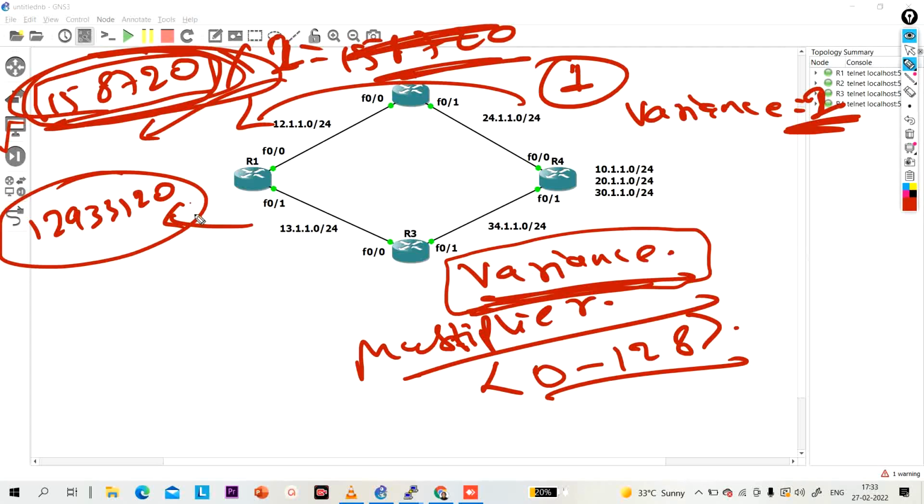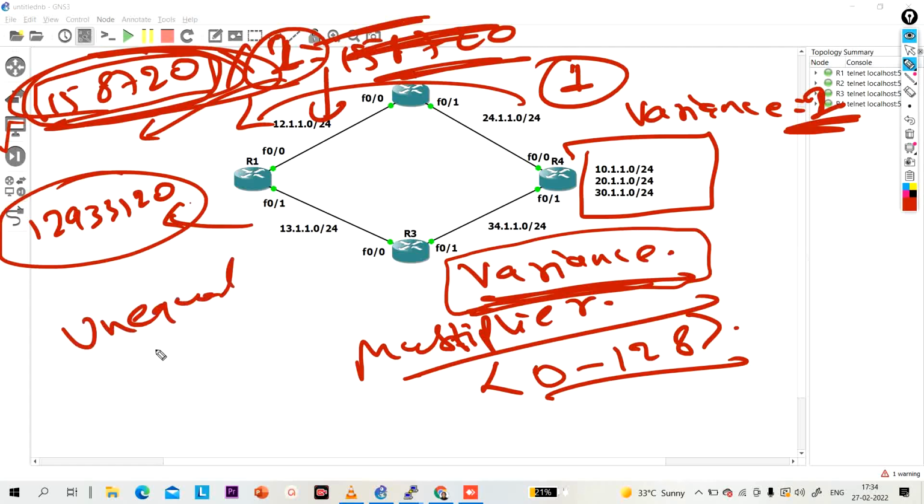Then this router will check whether I have any alternate path for this network whose metric is lesser than or equal to the value I am getting here after multiplying by variance. If there is, then I will perform unequal cost load balancing.